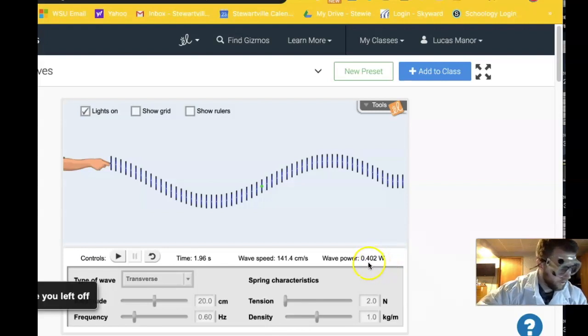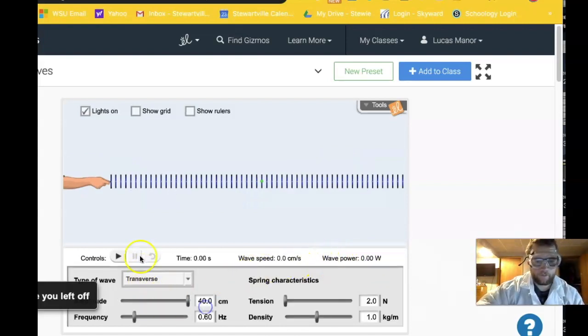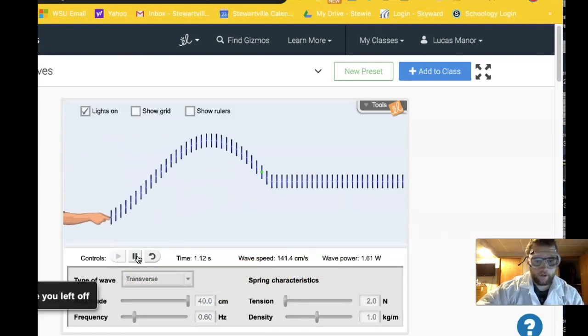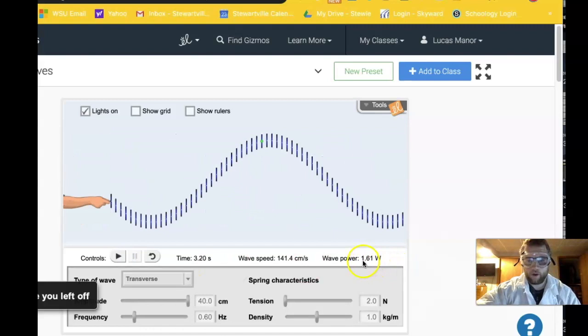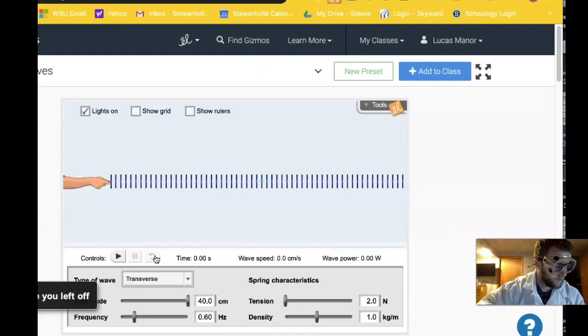For our second one, we need to change the amplitude to 40 centimeters and see what happens. And now our power is at 1.61 watts. So for the second one in your table, our power is 1.61 watts. Let's hit reset.